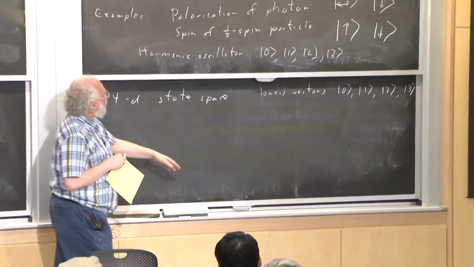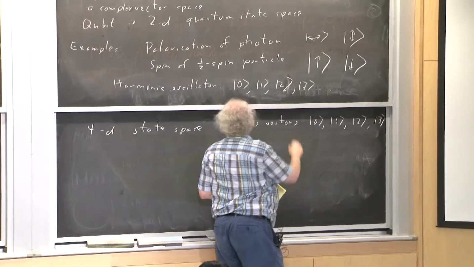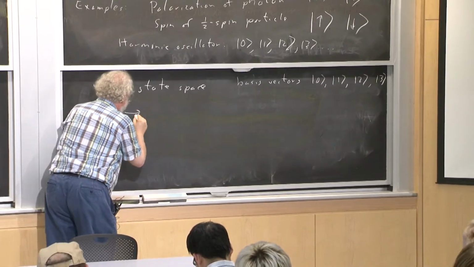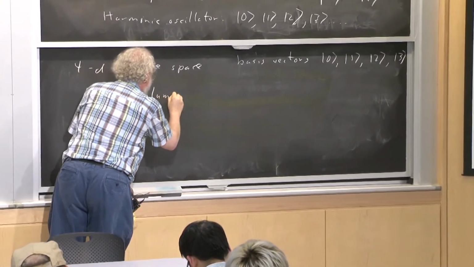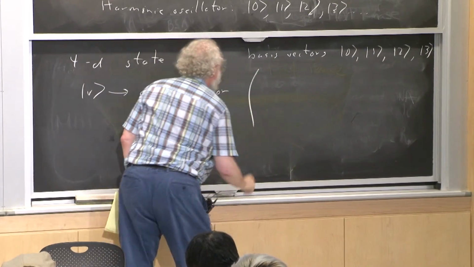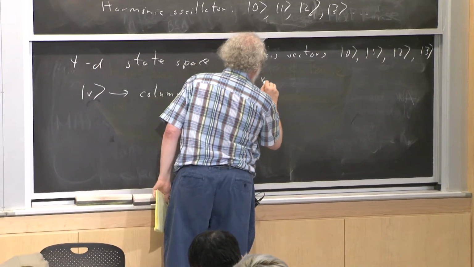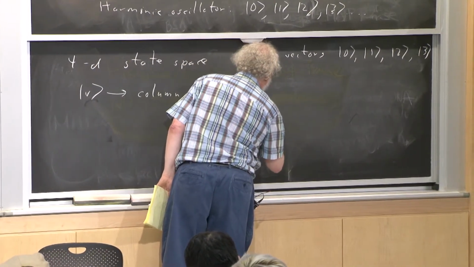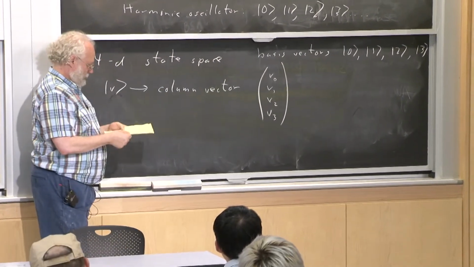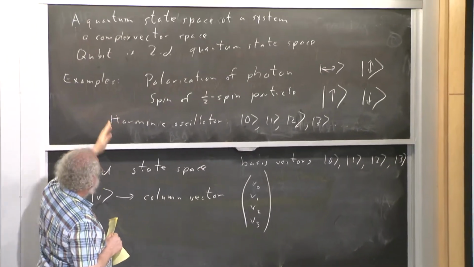Okay, so I've been using this funny notation without explaining it, so now I get to explain it. V is a column vector, and a column vector will have 4 coordinates, so it will look like V0, V1, V2, V3.